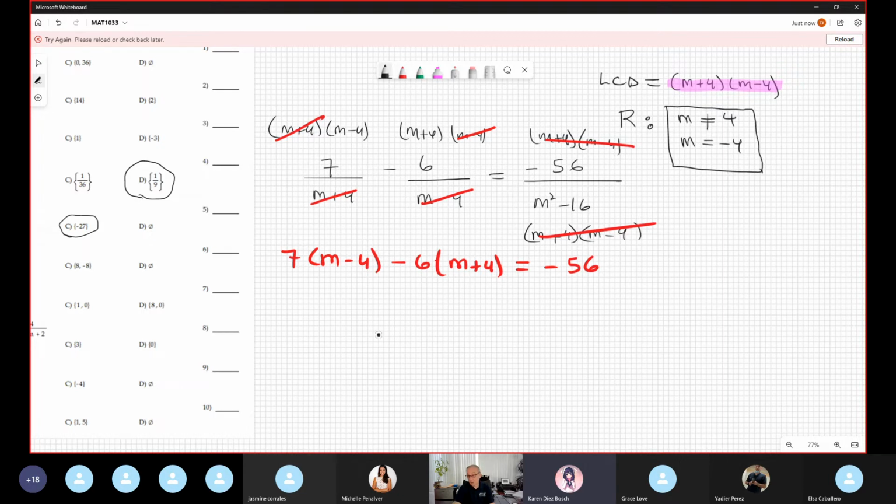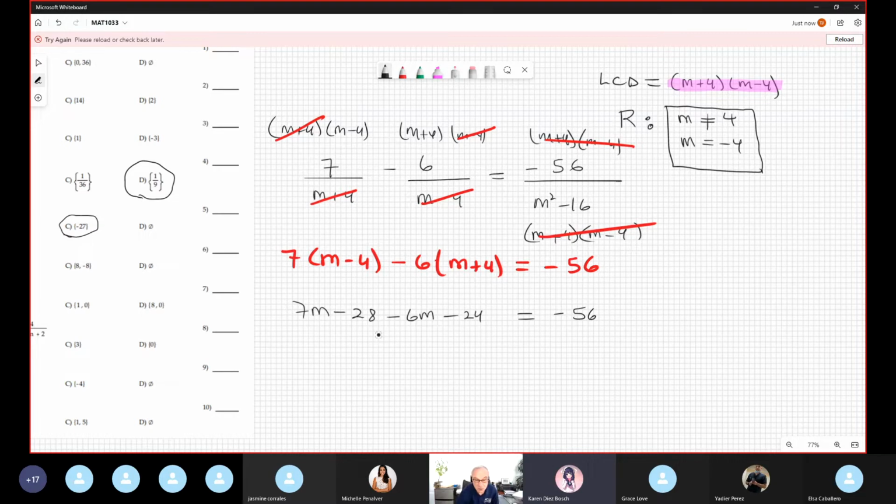Now next step is algebra. They call algebra. The 7m minus 28 minus 6m minus 24 equal minus 56. Okay, and 28 and 24 together is 52 again.